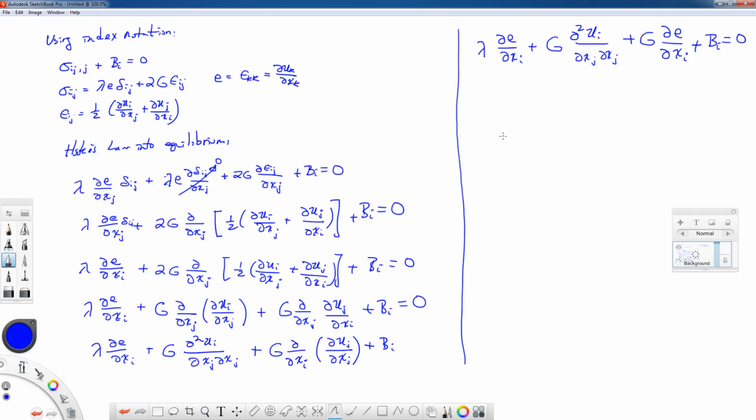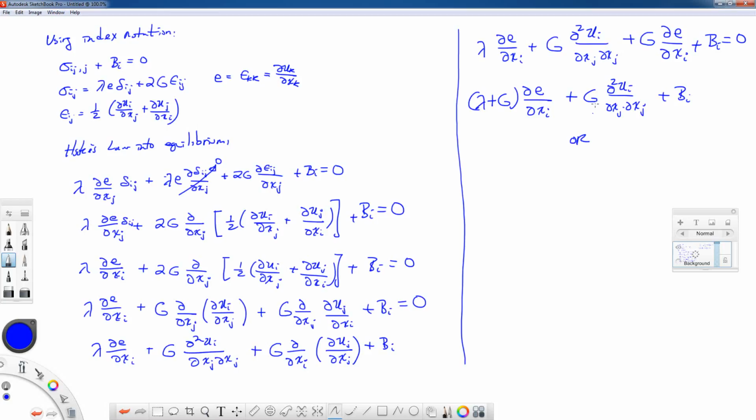So if I want, I can collect some of these terms. I can write it this way. Lambda plus g, the partial derivative of the trace of the strain tensor with respect to xi, plus g, second partial of ui with respect to xj and xj, and the body force term.